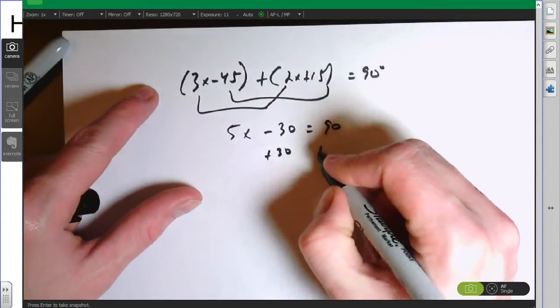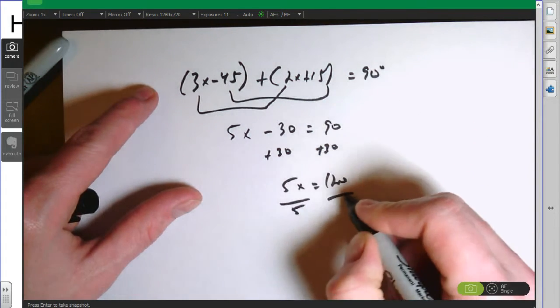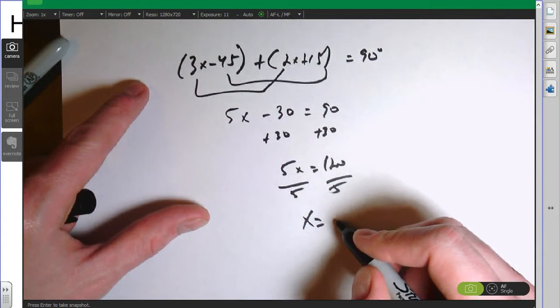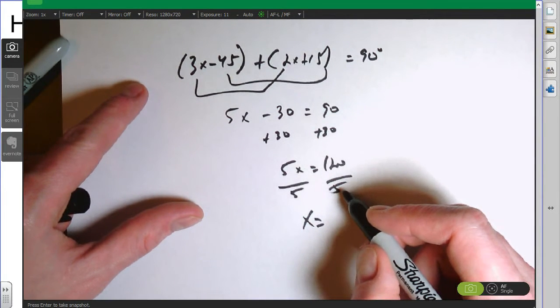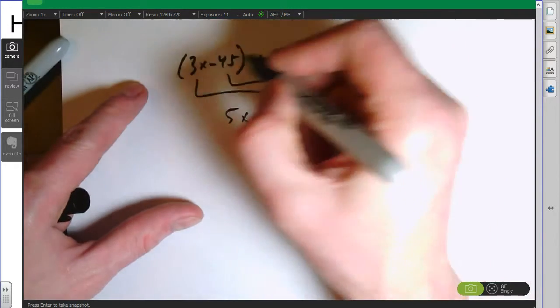And then add 30 to both sides. 5x equals 120, then divide by 5. X equals, goes into that, what? 24 times. 24. Okay. And now I plug it back into x.